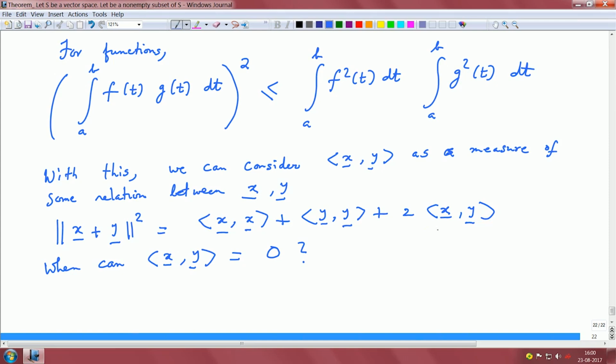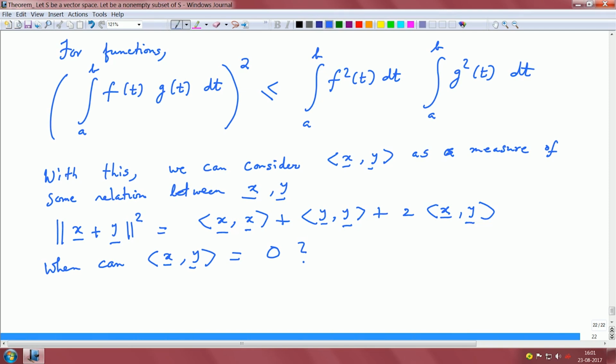Now, this is the general equation. Now, if I think of the inner product of x and y to be 0, then I land up with this equation, that the norm squared of x plus y is basically the inner product of x with x and the inner product of y with y, which is basically the familiar Pythagoras theorem that we have.